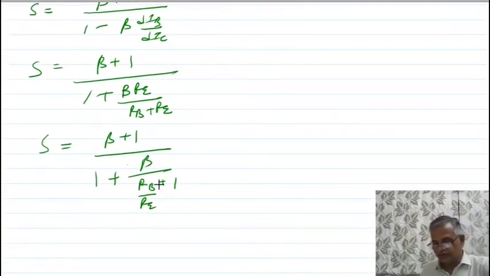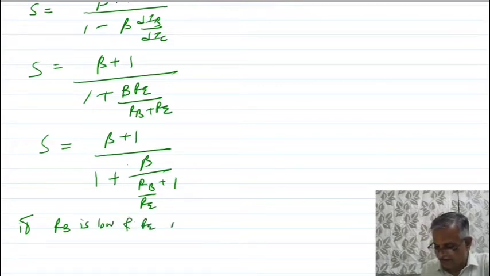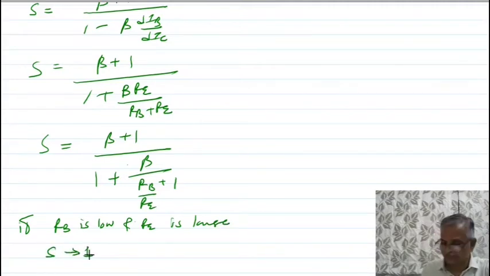So this equation shows that if RB is low and RE is large, then S tends to 1. That is, RB by RE tends to 0.